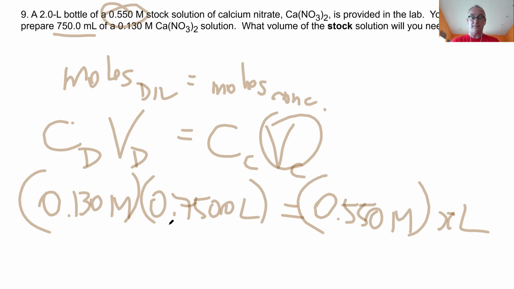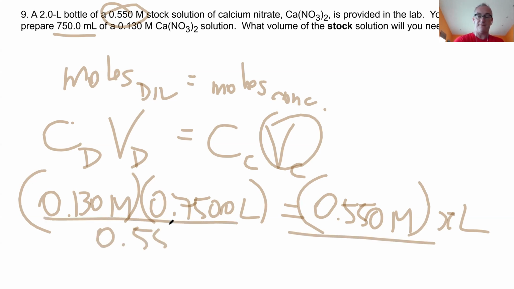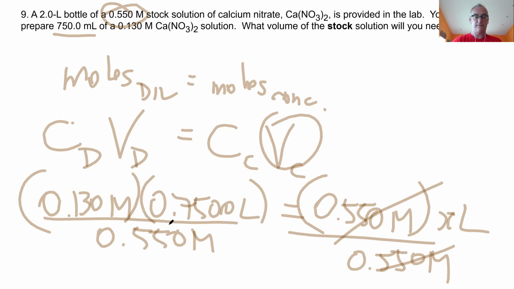Therefore, all I need to do is divide both sides by 0.550 molar. That cancels, and I'm left with liters. Okay? Excuse me. That's the simple way to do it.